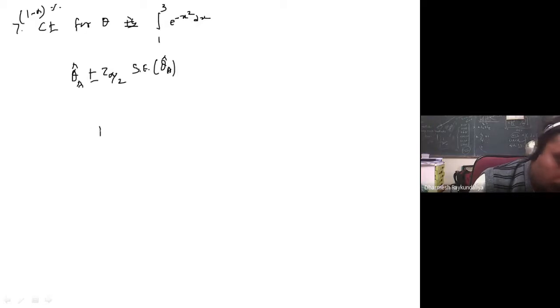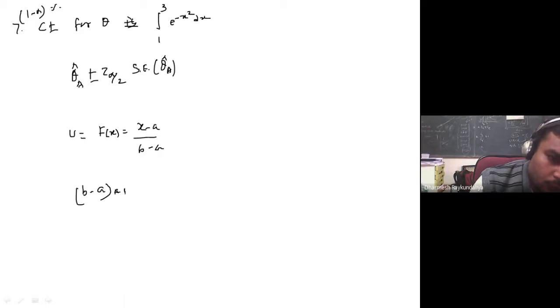क्योंकि हमारा fx क्या होगा, fx will be x minus a upon b minus a. fx को हमने क्या कहा है, u. ठीक है, तो we can write it as b minus a into uniform where u is from 0 to 1 plus a, and that is equal to x.